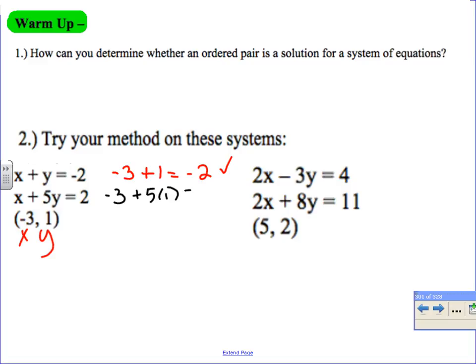So is -3 plus 5 equal to 2? Yep. So yes, and the terminology you should use is this is a linear combination of both linear functions, which means when you graph them, it's going to be a solution of both equations. It's where they intersect.